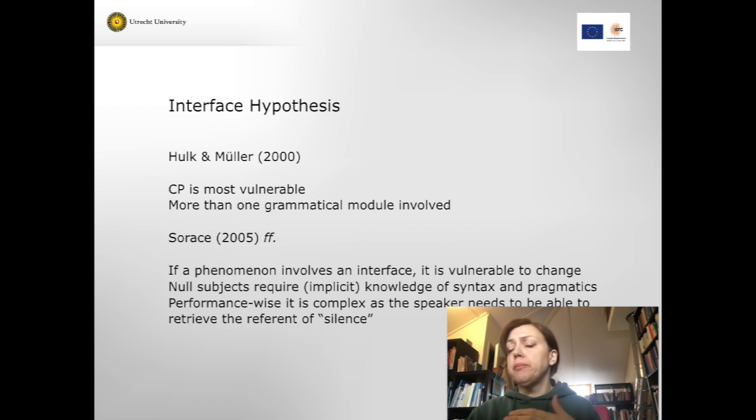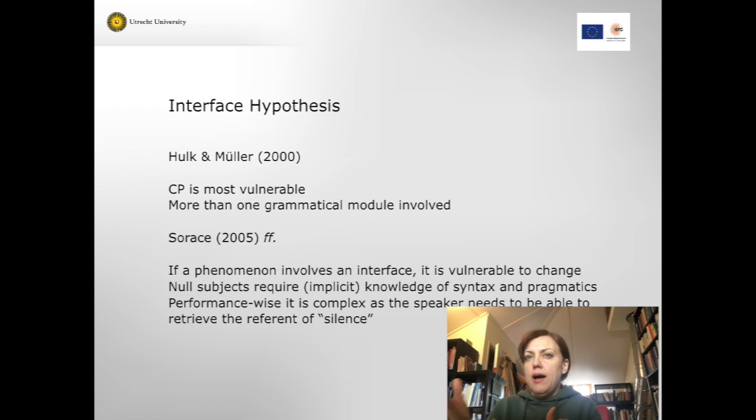Now, since Hook and Müller, but also Platzack, etc., we know that the CP is most vulnerable. So we expect topics to be affected, and that's what happens, because this is what starts to be attrited. If a phenomenon involves an interface, this phenomenon will be vulnerable to change. So what you do is resolve this by inserting overt material, so you do not have to handle this in the interface.